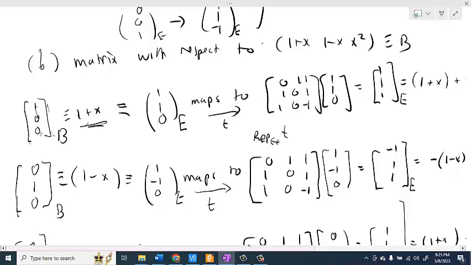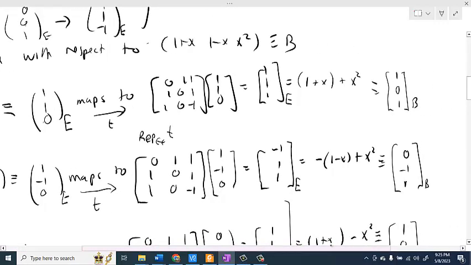It maps to this vector in the E representation. To transfer it back to B, I need to express it as a polynomial. Minus 1 minus x plus x squared. This is just minus this vector plus this vector. So it's 0 times the first basis vector, minus 1 times the second basis vector, plus 1 times the third basis vector.